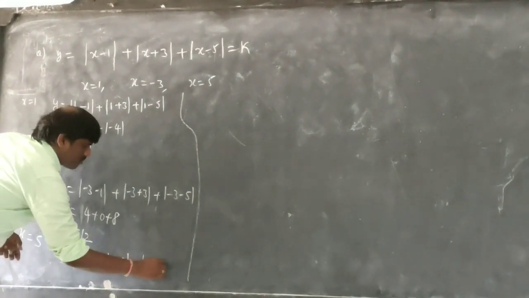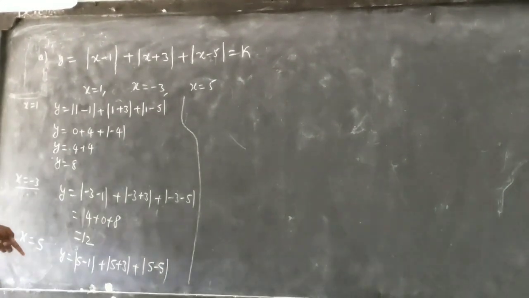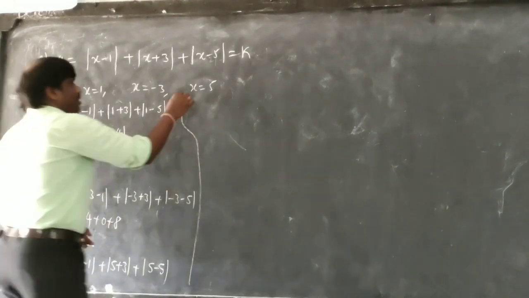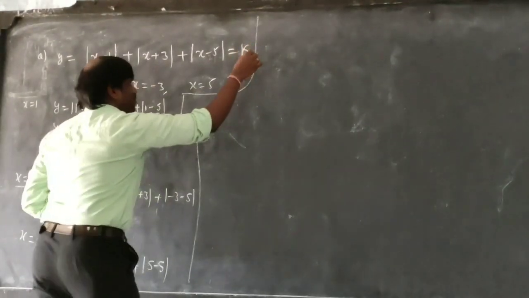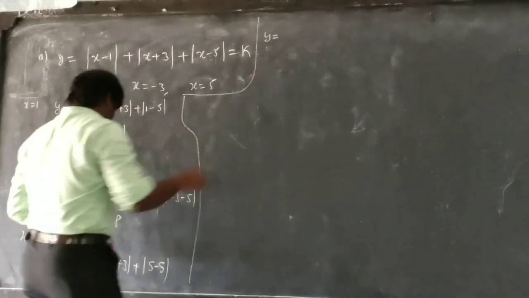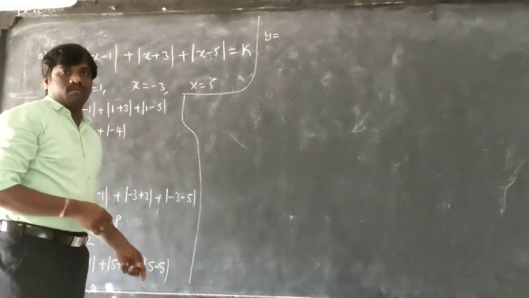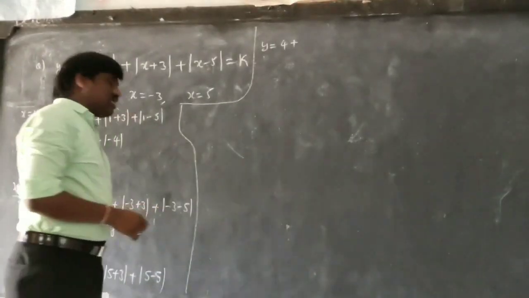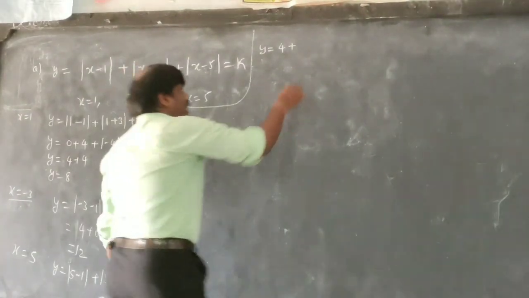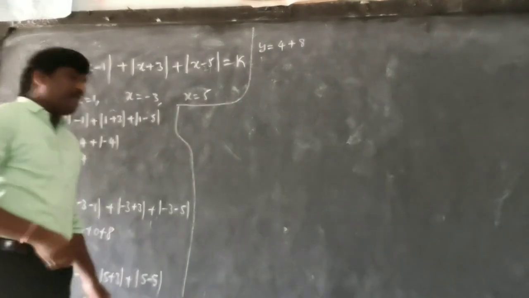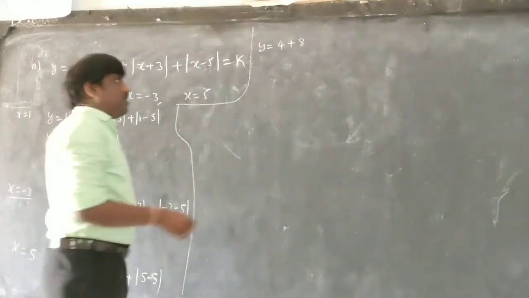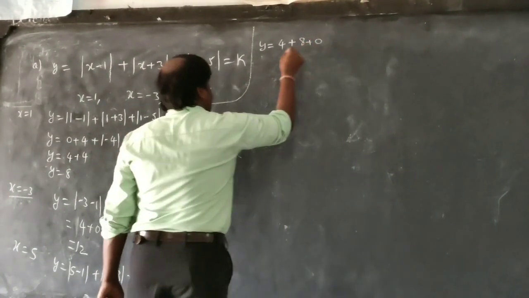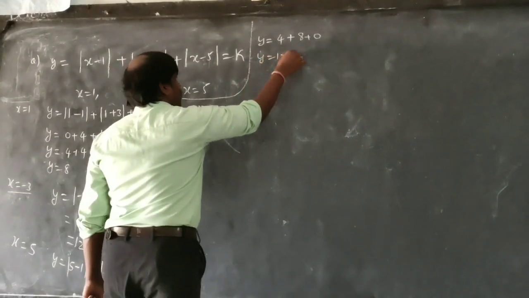So 5 minus 1 is 4, modulus of 4 is 4. Plus 5 plus 3 is 8, modulus of 8 is 8. 5 minus 5 is 0, modulus of 0 is 0. So finally the answer is 12.